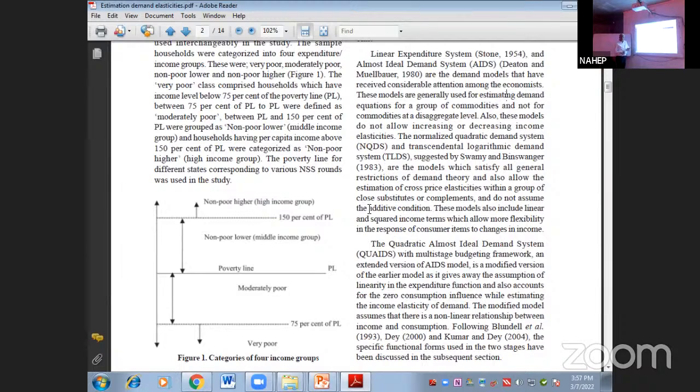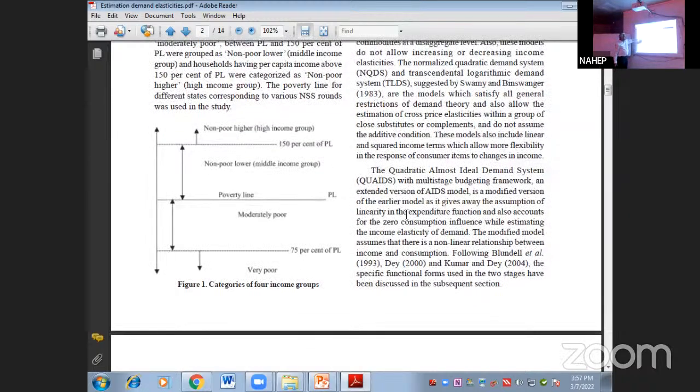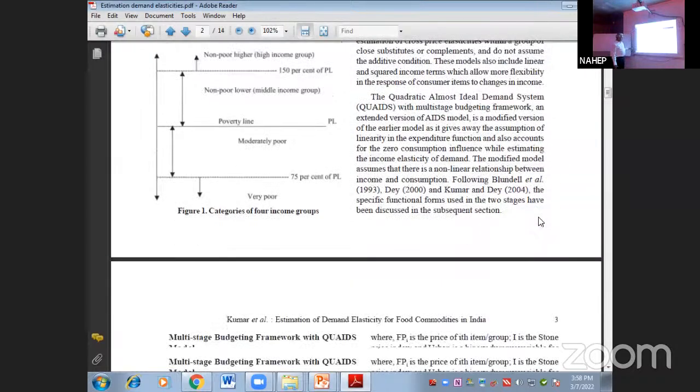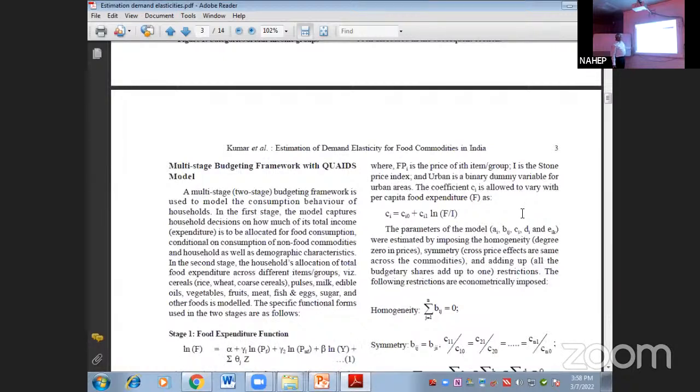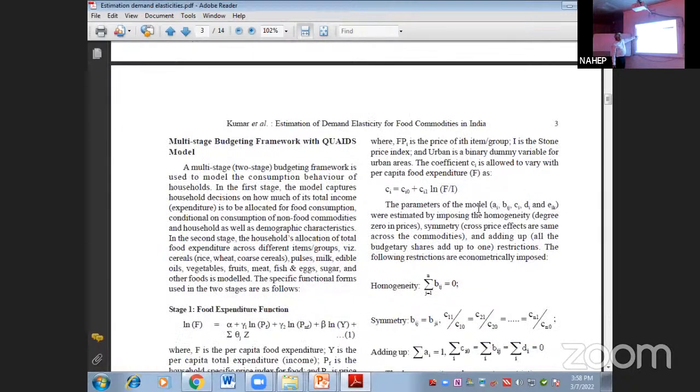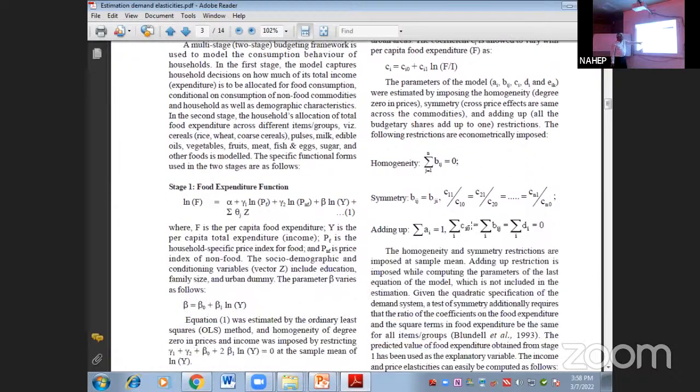Who is poor? Right? They are the non-poor, the non-poor low, non-poor high, moderate, and very high. So that way you can classify using the poverty line as a baseline. So we try to explain the Coates model. We try to see the limitations. Then we say this is the budgetary framework, Coates model, and these are the constraints.